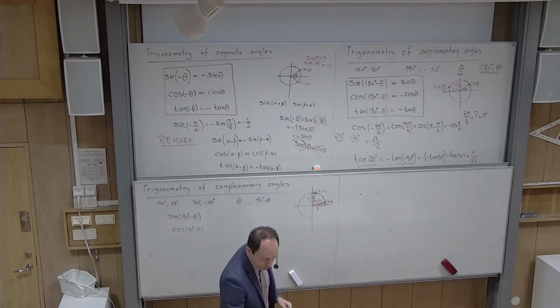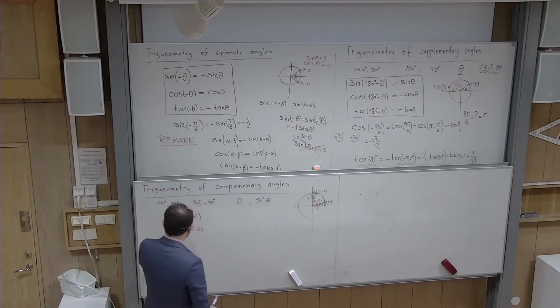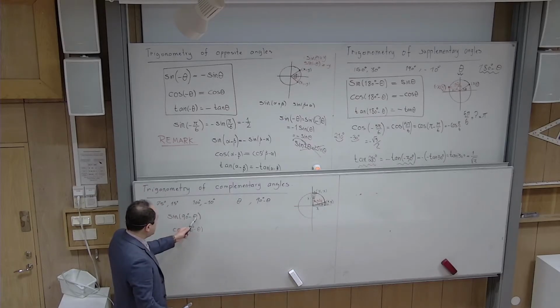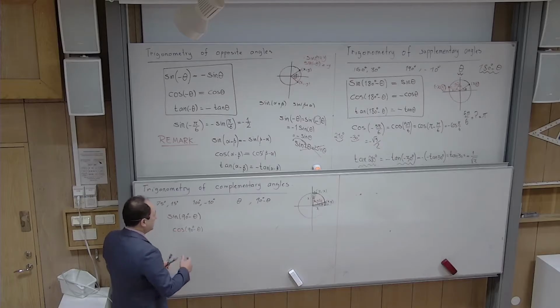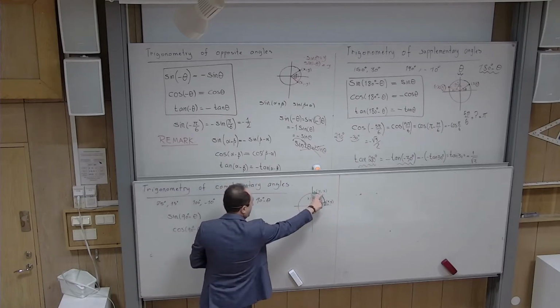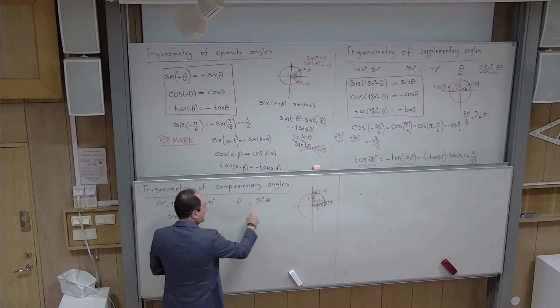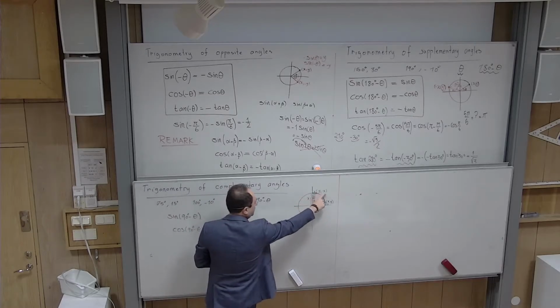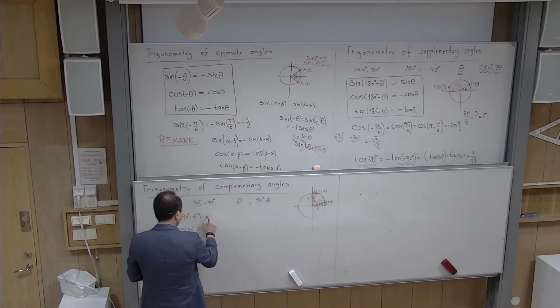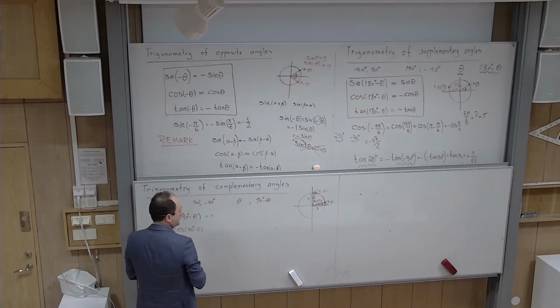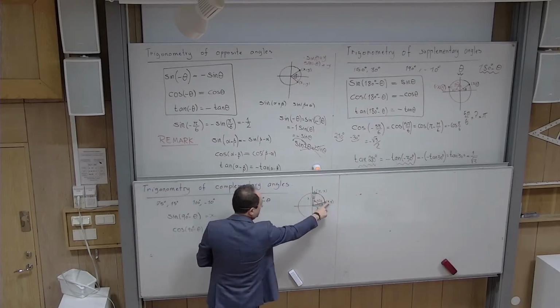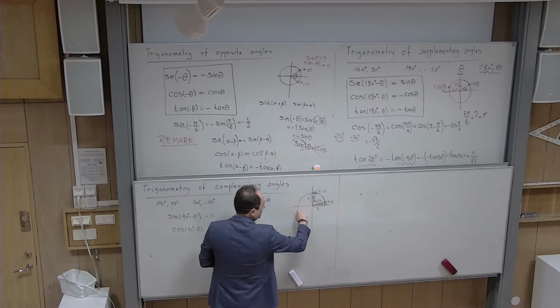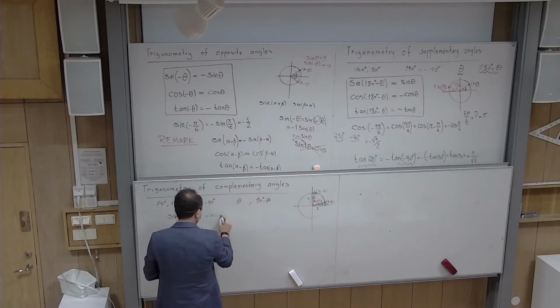So then what does it mean? If I ask you what is sine of 90 degrees minus theta, you will say that this is the y-coordinate of the red dot. The y-coordinate of the red dot is x. But if I ask you what is x on the other hand, you would say that x is the x-coordinate of the blue point, so it is the cosine of theta.